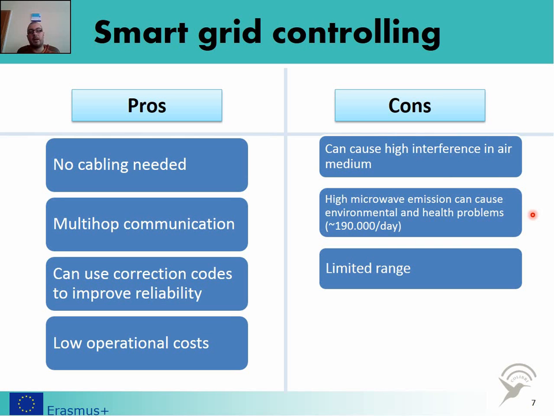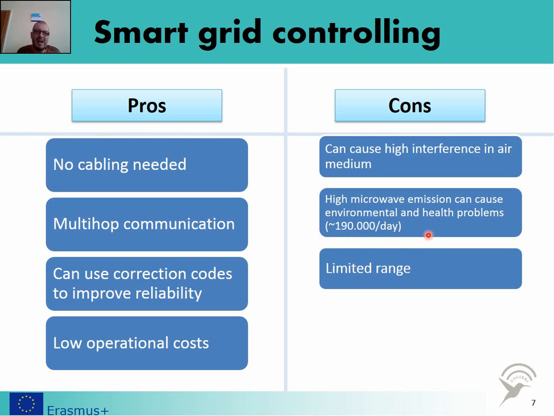This number here is just to show you how many transmissions can be made by a single wireless node working, for example, in the 868 megahertz band. It's almost 200,000 per day.